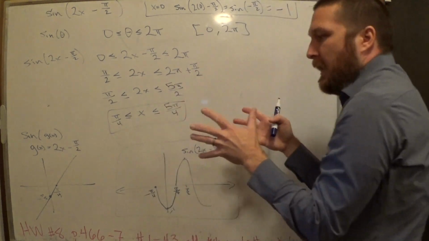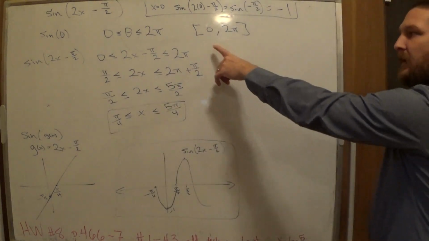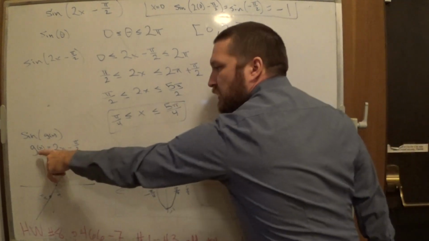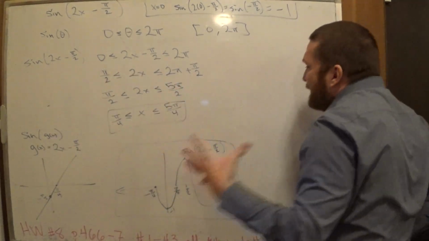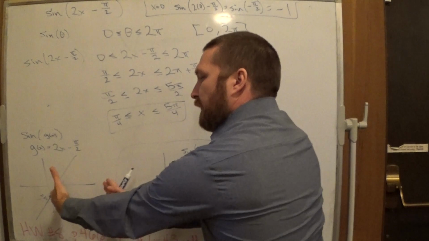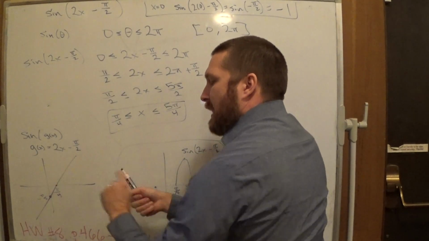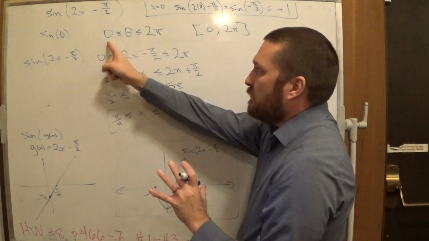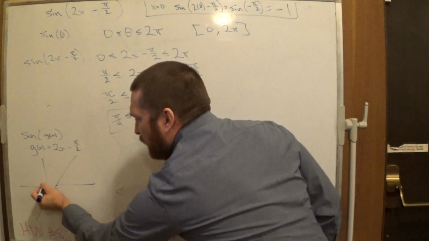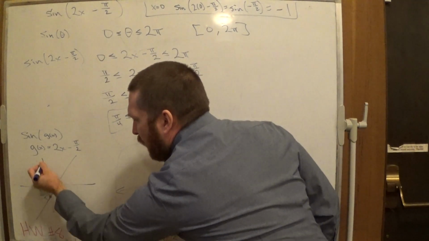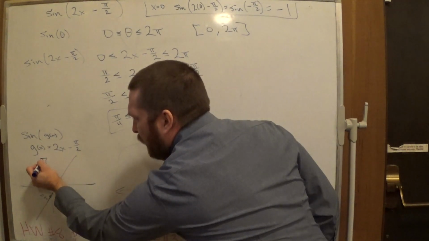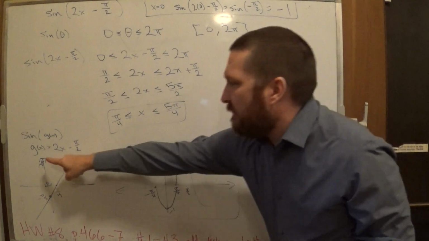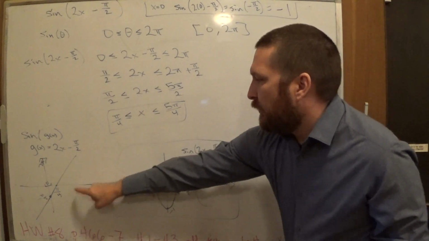On the other hand, what are we trying to do? We're trying to find this interval here. We know that this function maps some interval. We don't know what interval on the x-axis it maps, but we know that its output runs from 0 to 2 pi. So let's plug in 2 pi as the output to that function so we can find the input.